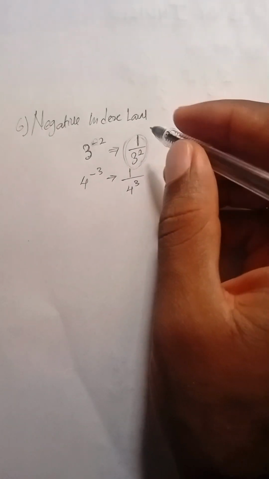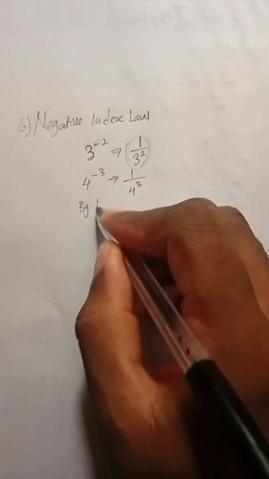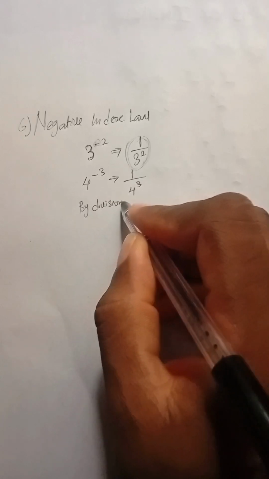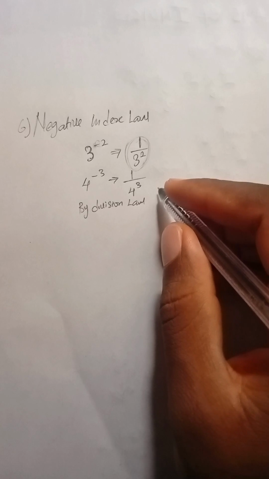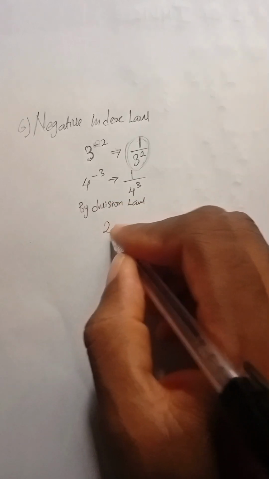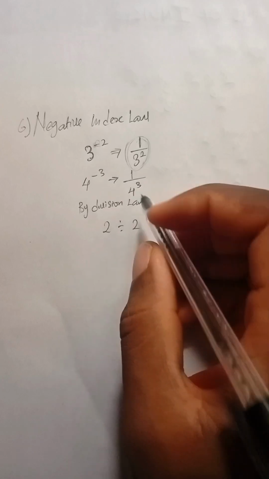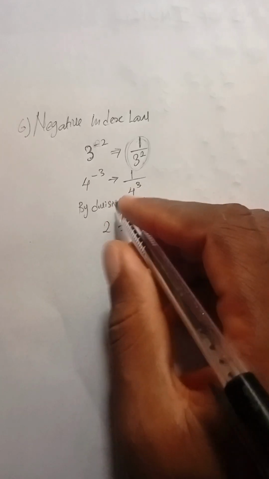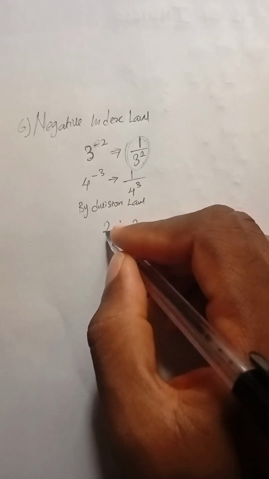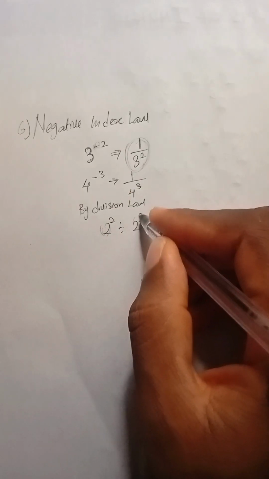So let's say by division law, let's prove it. So apply the division law. When we have two similar bases, when they divide, this divided by this, let's say we have this number raised to the power of 2 and this number raised to the power of 3.